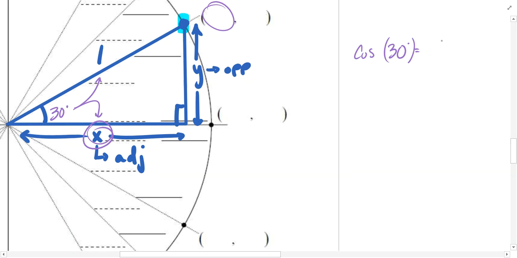We'll set cosine of 30 degrees equal to x divided by 1. Well, as it turns out, x divided by 1 is simply x, so the result of cosine of 30 is equal to precisely x.